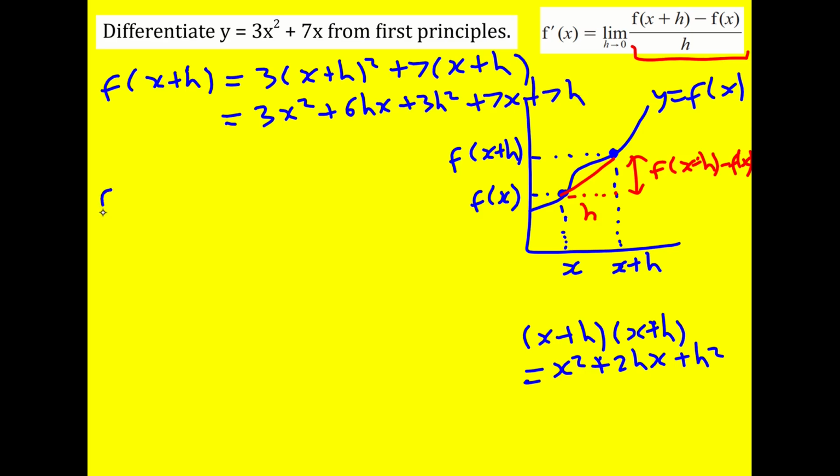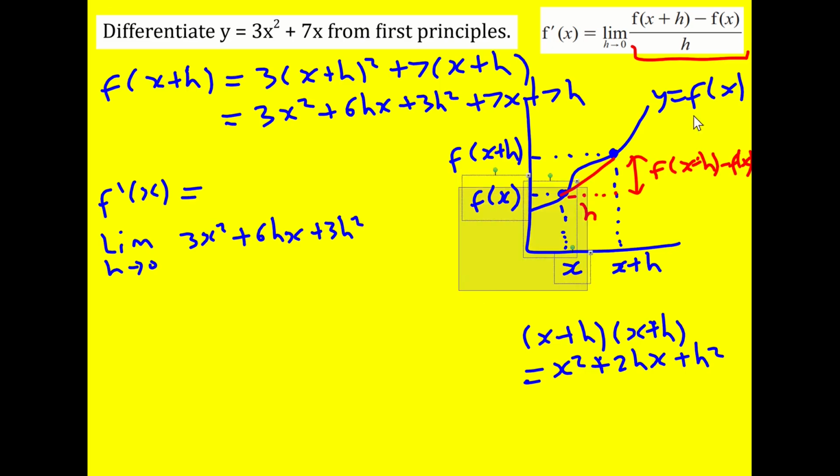So then f dash x is going to equal the limit as h tends to 0 of all of this stuff. I'm running out of space, so actually I'm going to need to delete this diagram.